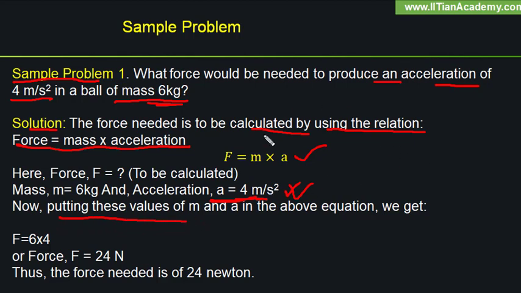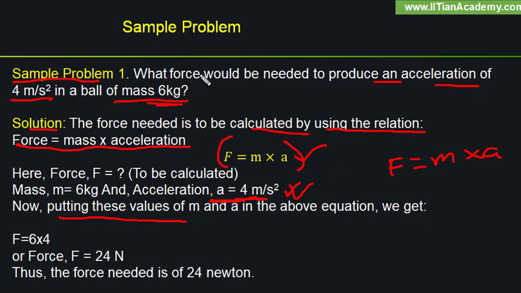This is a simple problem to understand what we have learned, Newton's second law of motion. Force is equal to mass into acceleration. Now how will you solve this problem? First you have to understand what is to be calculated and what is given, then remember the formula, and then put the values in to get the unknown value.